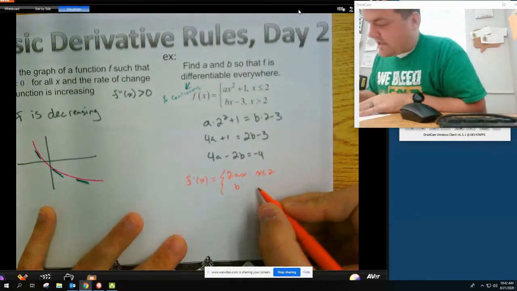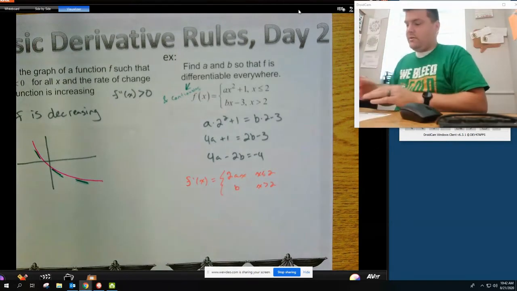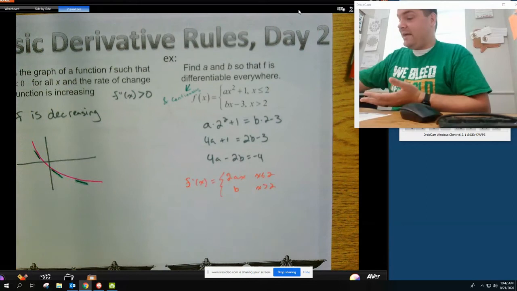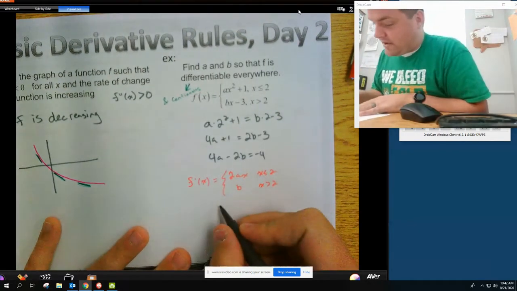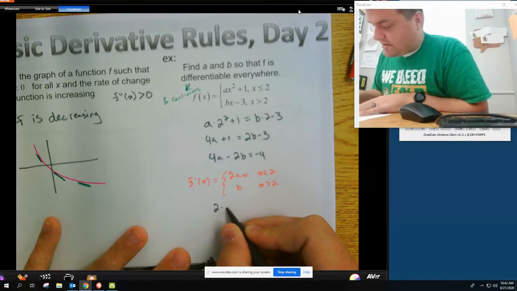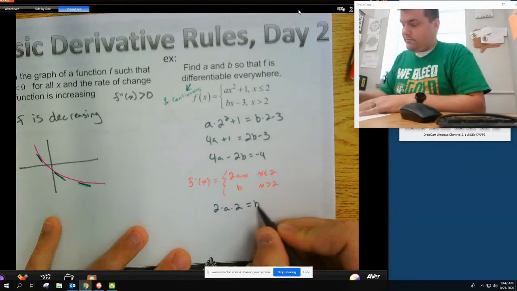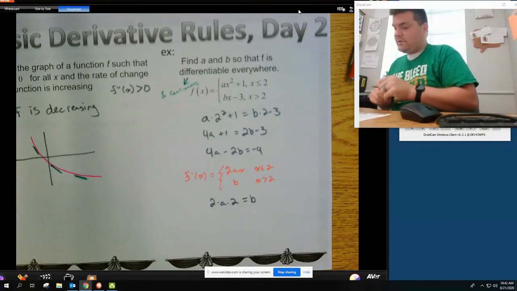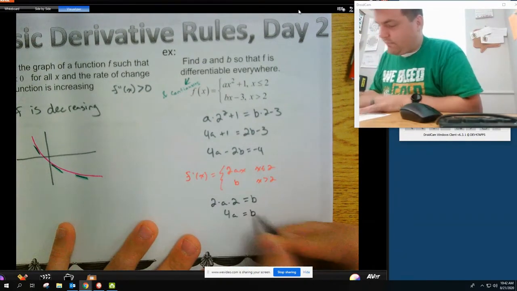And that's going to be at x is greater than 2. Okay. Now, when I take this, I have to set these two equal to each other when I plug in a 2. So when I plug in a 2, I'm going to get 2 times a times 2, and that's going to equal b. So I'm going to get 4a equals b.